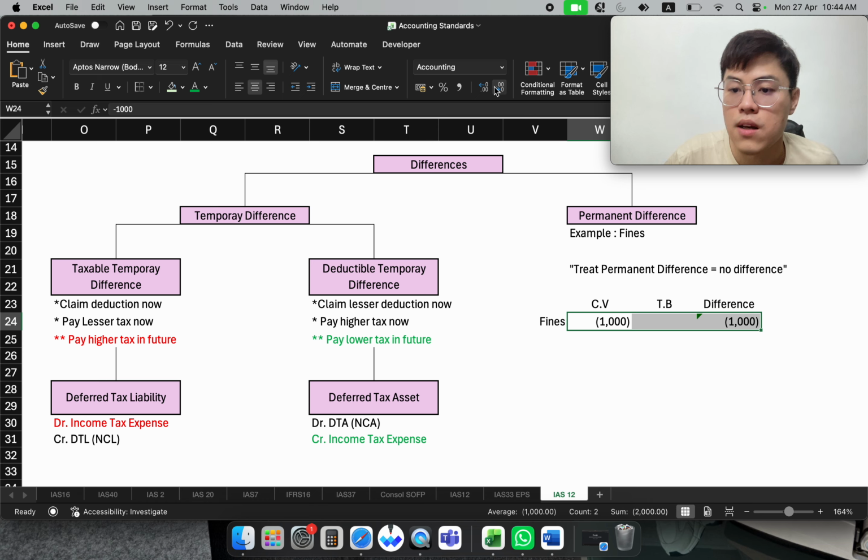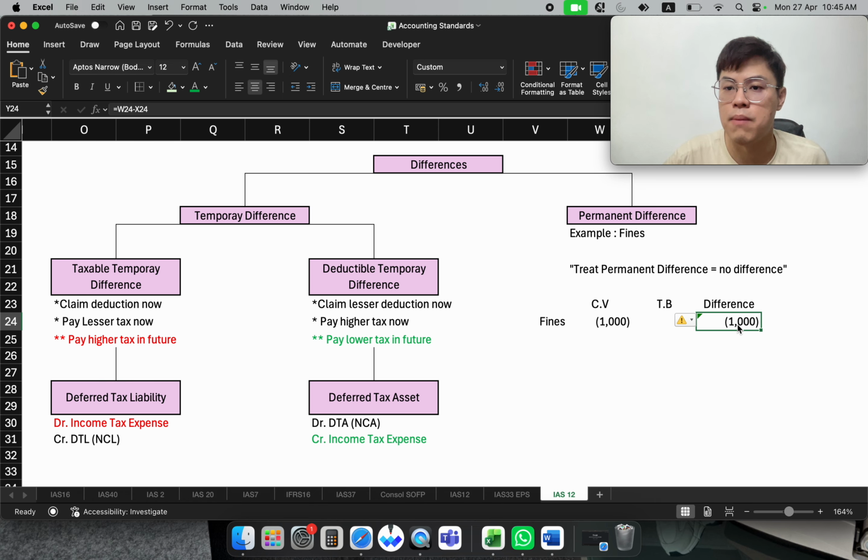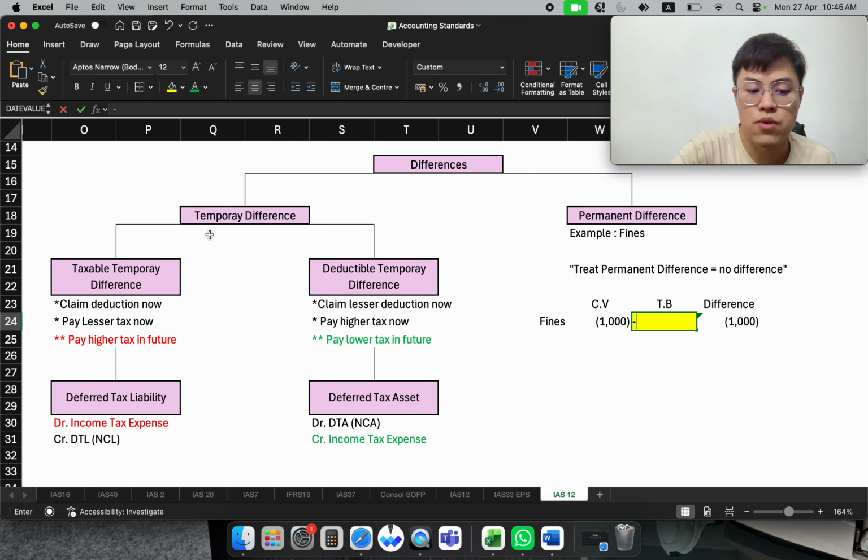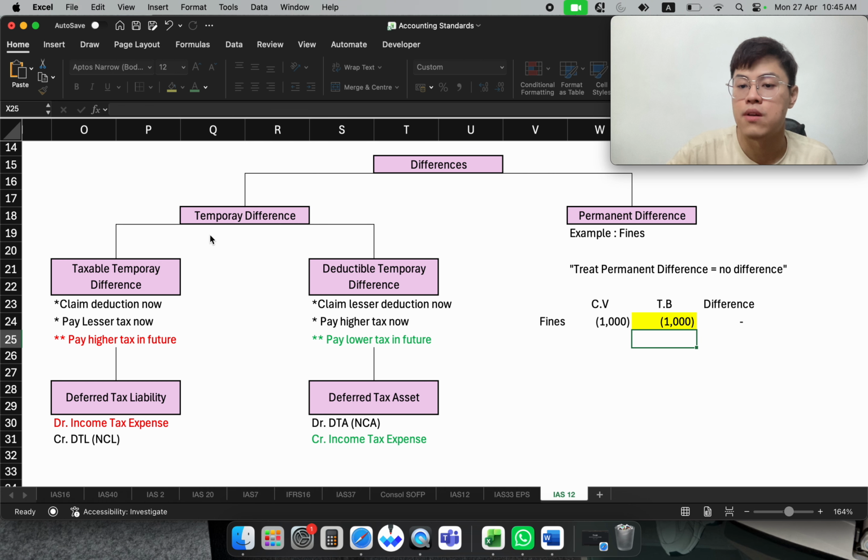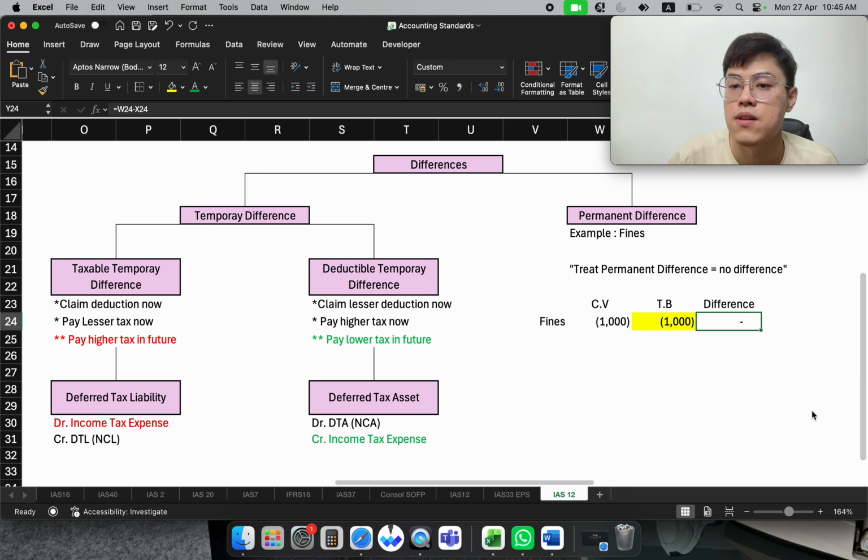So in future you are going to claim back this 1,000, but no, in future this fine cannot be deducted. So we will just put an adjustment here, straight away equal to carrying value, making it no difference. So this is why we say permanent. So this is the logic.